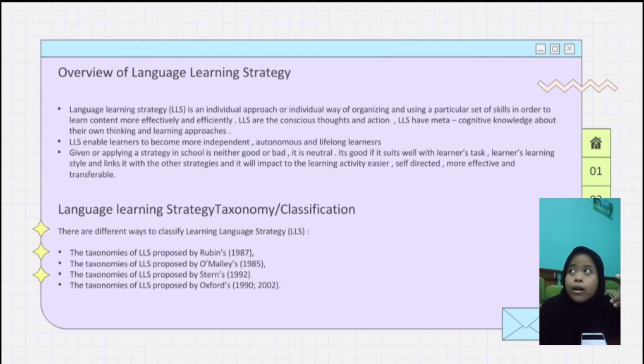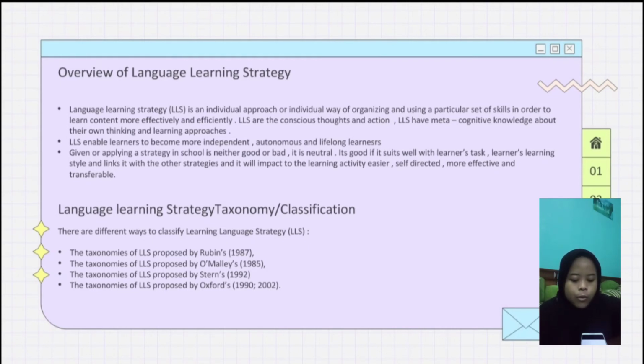LLS also has metacognitive knowledge, and applying LLS in a learner's activity is neither good nor bad. It is good when this strategy gives a good impact for the student, like making it easier to understand the content. The next outline is language learning strategy taxonomy or classification.